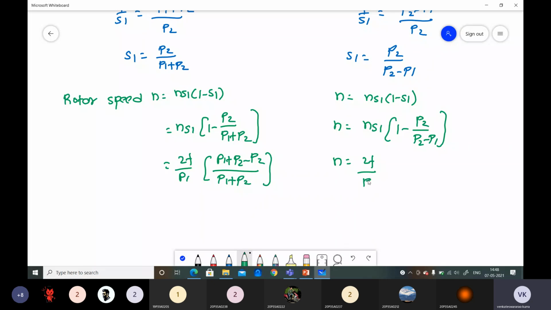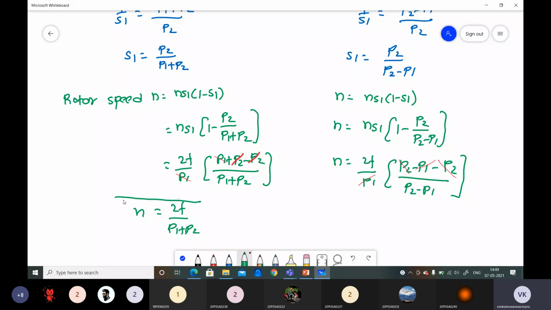So 2f by p1 into p1 plus p2 minus p2 by p1 plus p2. P2 cancels. Here in the numerator we have p1 and in the denominator p1, this p1 cancels. So 2f by the denominator p1 plus p2.